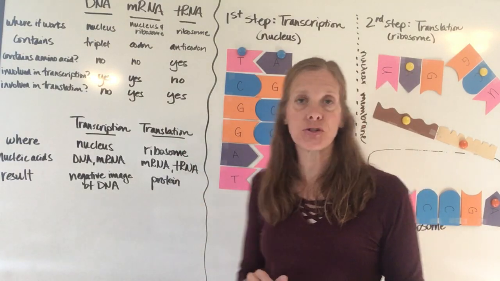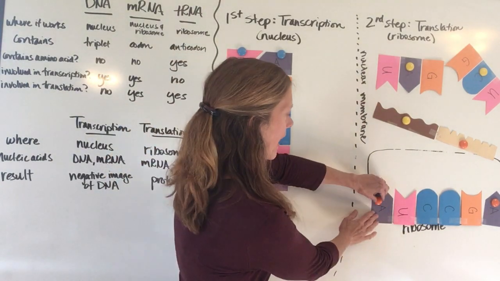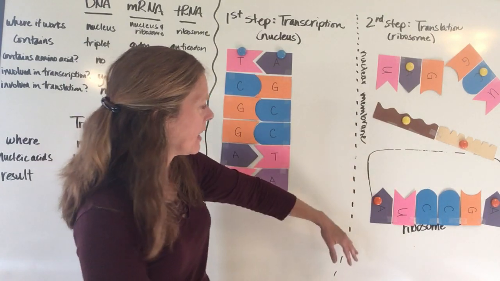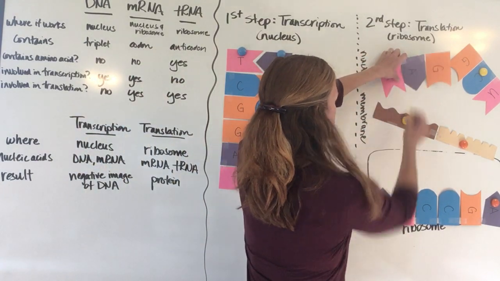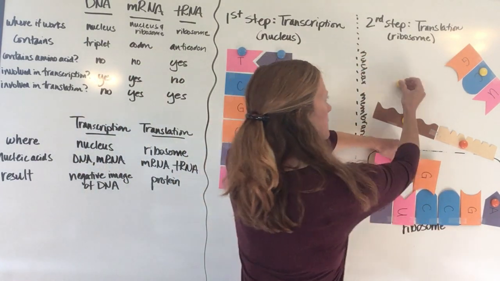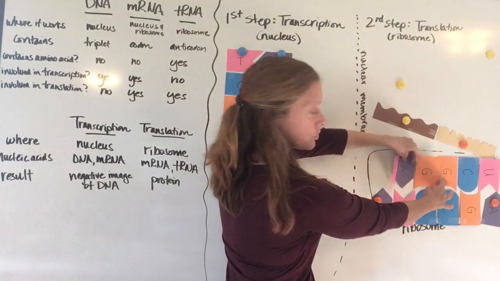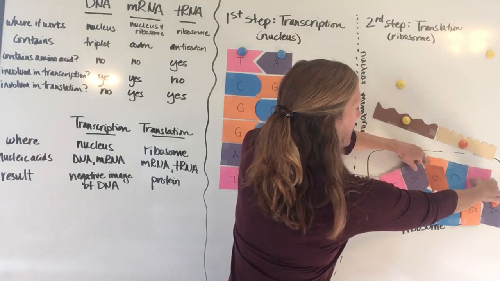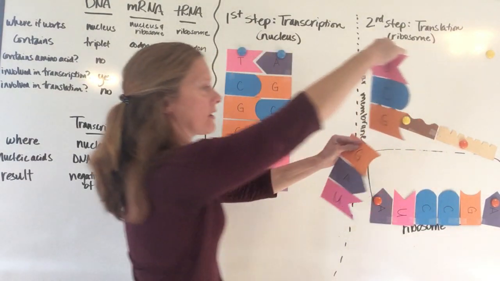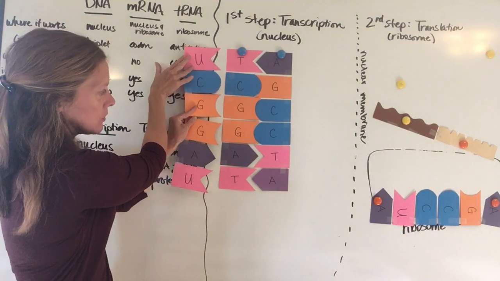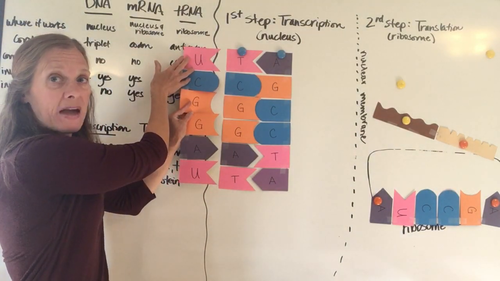Now, one thing that I do want you to notice here, if I look at the transfer RNA that was actually used here, it was this piece, and then it was this piece. Those are the 2 pieces that we used. If I would go back and compare that sequence to what was in the DNA originally, you'll see that it matches up exactly.